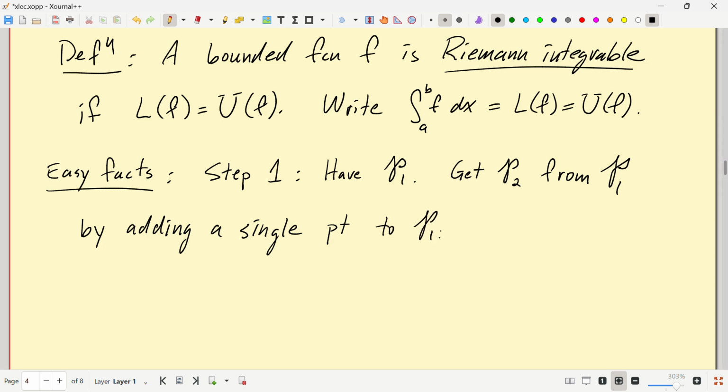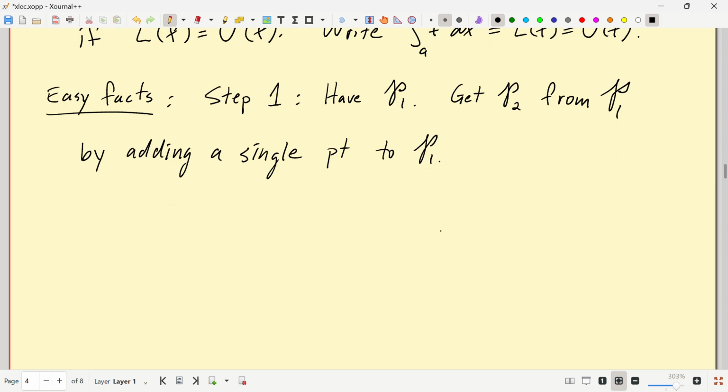So what could that do to the lower sum and the upper sum? It can only make the lower sum go up and the upper sum go down. I claim the worst that could happen to the lower sum is that it might go up. It might not go up, but it might.